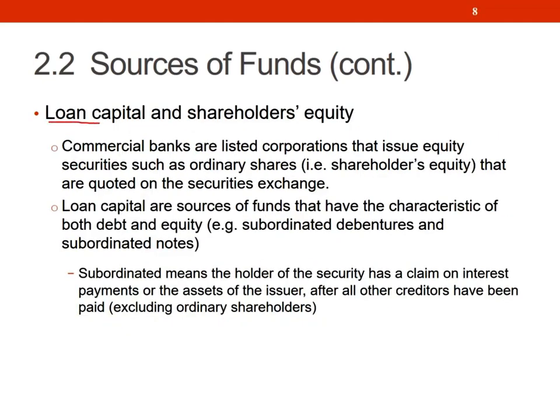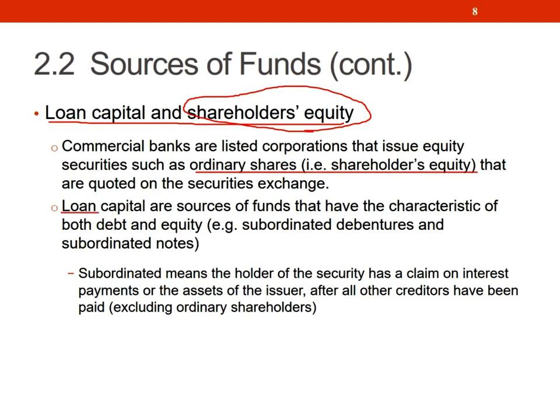We have loan capital and shareholders' equity. If we start with shareholders' equity, commercial banks are typically listed corporations. What that means is these companies are listed on the stock exchange and they issue equity, such as ordinary shares, to receive funds from their shareholders.